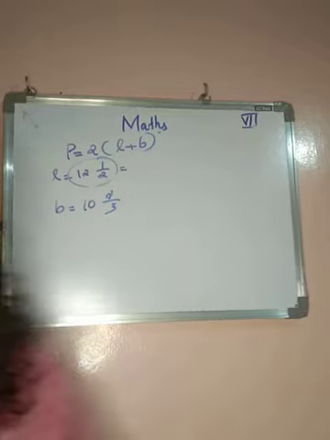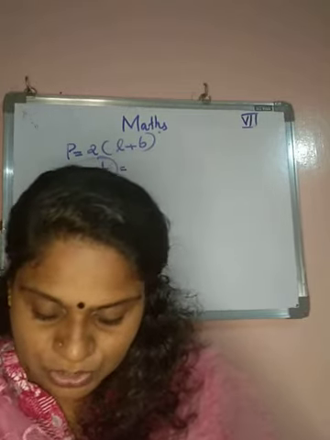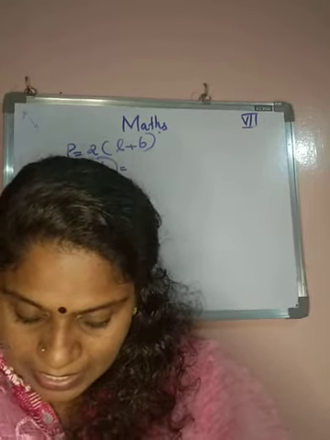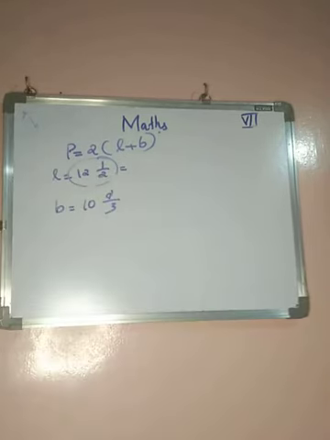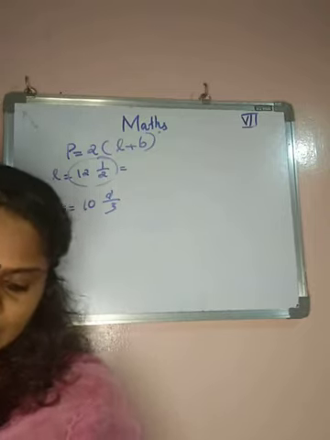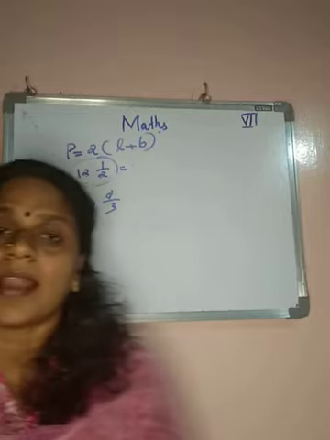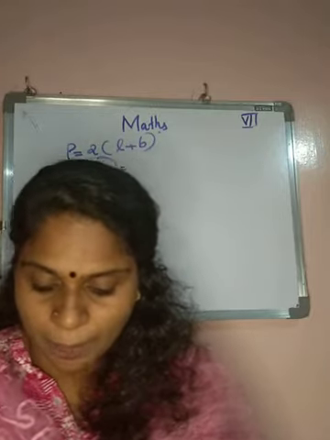Okay, another question. Find the perimeter of triangle ABE. The rectangle ABCD in the figure is a garden. In this picture there is a rectangle and a triangle.